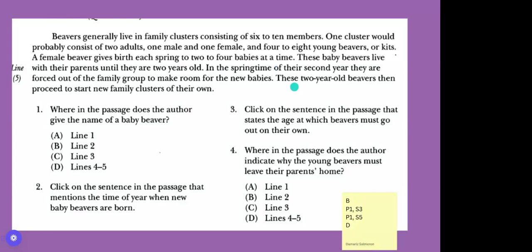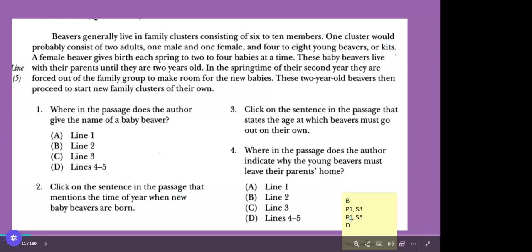Okay, so let me show you the answers. Here we go. Number 1, B, we can find it on line B. It's here. Young beavers or kids. Number 2, it's P1, sentence 3.